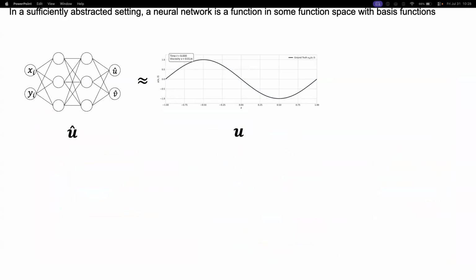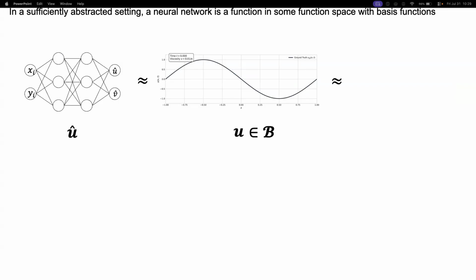So there is a neural network system which will approximate the true function, which looks like this. And there exists a true function. In a sufficiently abstract setting, we can say that this true u is in a function space.